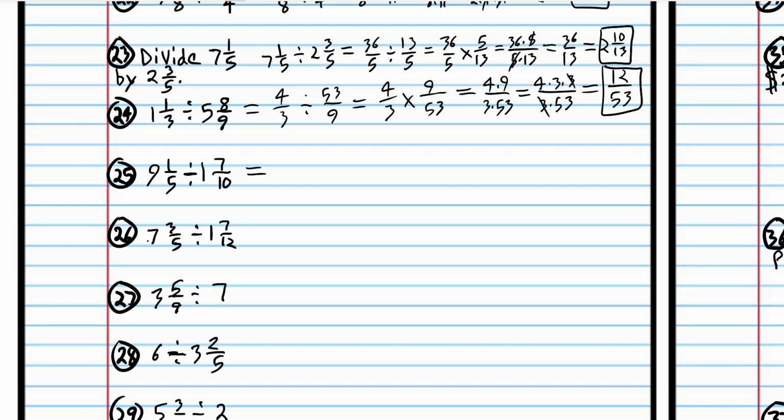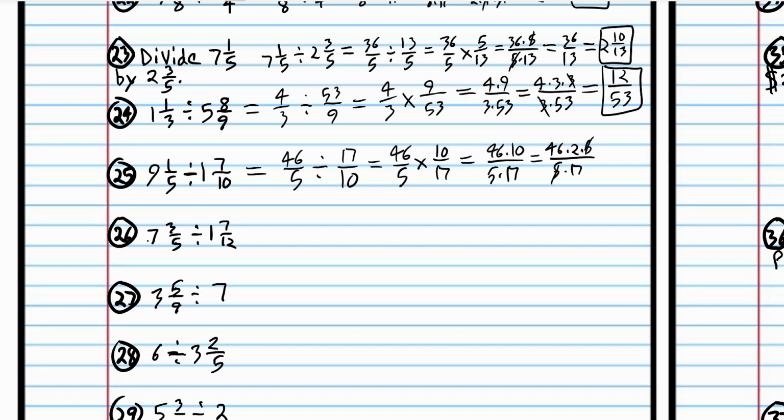All right, we're back. 9 1/5 becomes 46 over 5. 17 over 10. 46 times 10 over 5 times 17. 10 becomes 2 times 5.